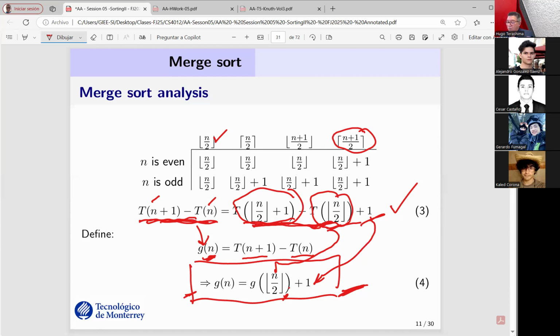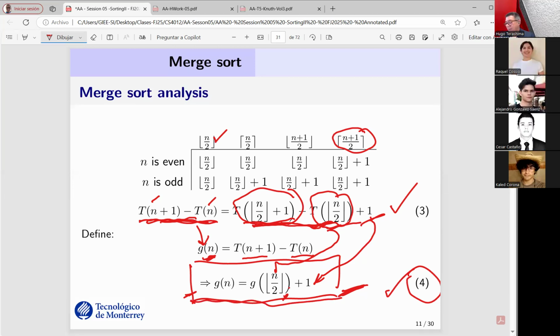Can we continue, or tell me if you have any questions, something that you didn't understand, please. Clear enough? Is there something that is not clear yet up to here? Because we are going to continue. We need to solve this equation, right?